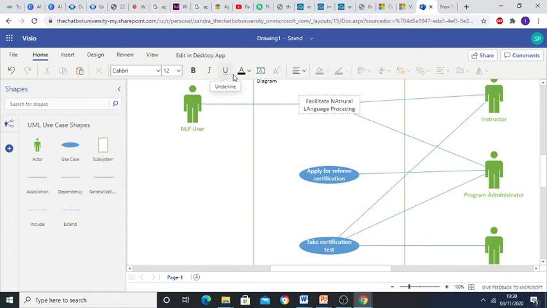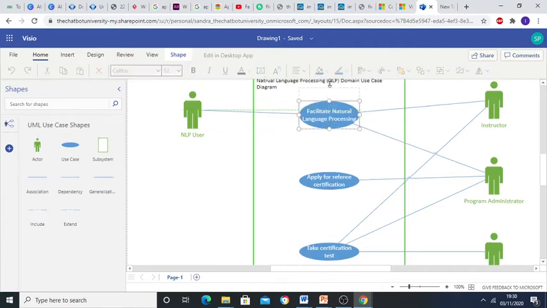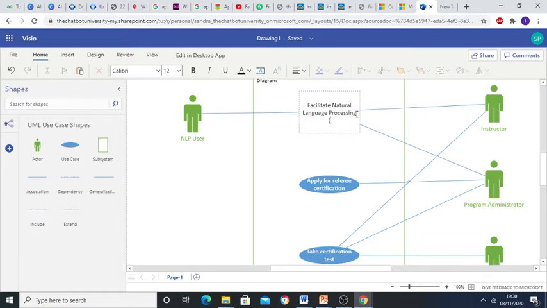Remember, I said in the previous versions that the naming convention for the use case is such that it has to be verb first. The verb is a doing word and an action word. This may well change, but for now, let's leave it as that. So facilitate natural language processing. I could also put in bracket there NLP.